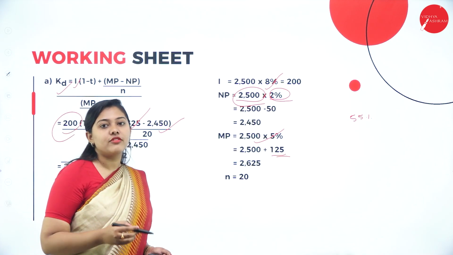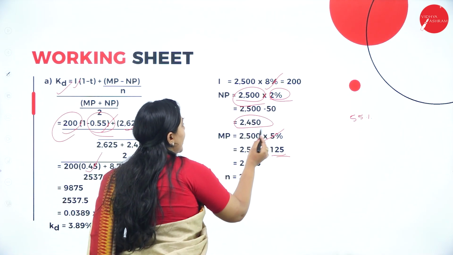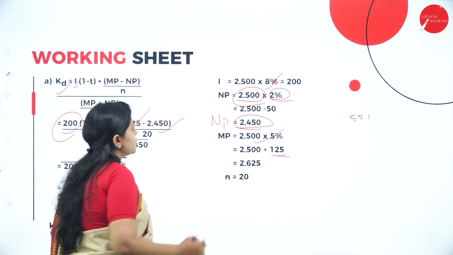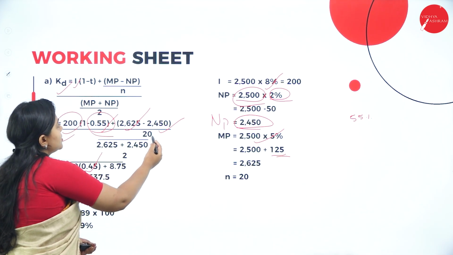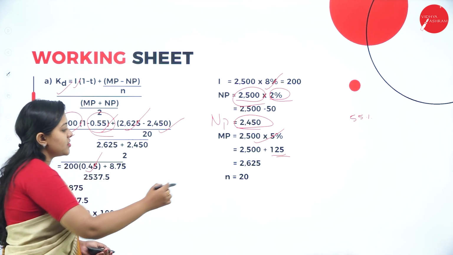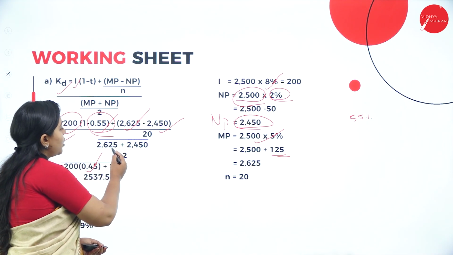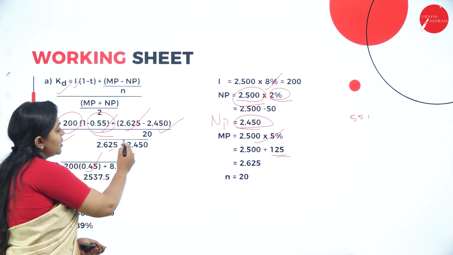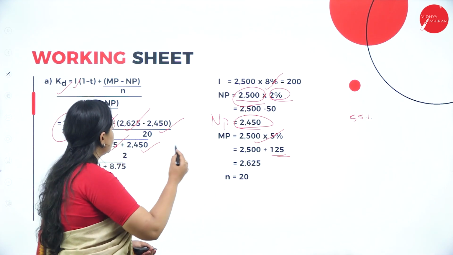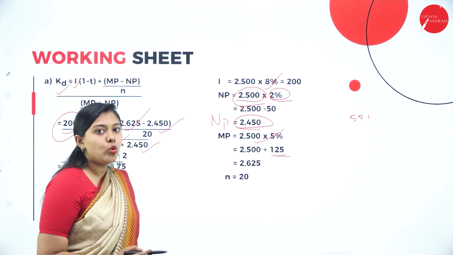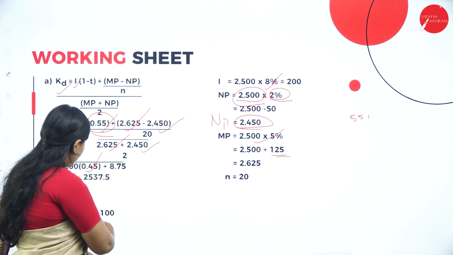If you deduct that, the net proceeds you get is 2,450. Net proceeds divided by the number of years, 20. Again, 2,625, that is your maturity price, plus your net proceeds, again divided by 2. The value you get is how much?